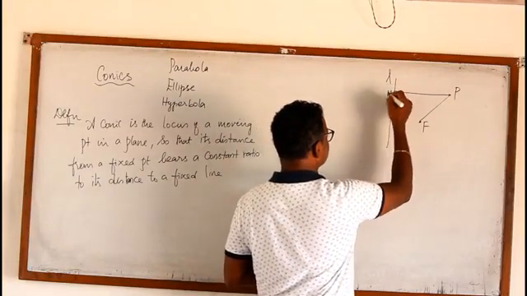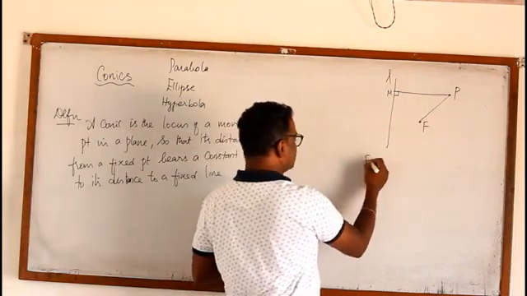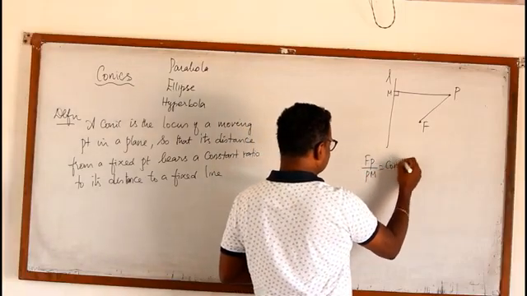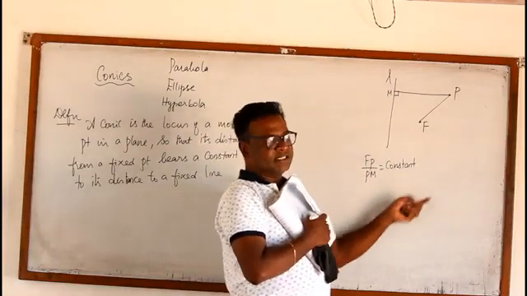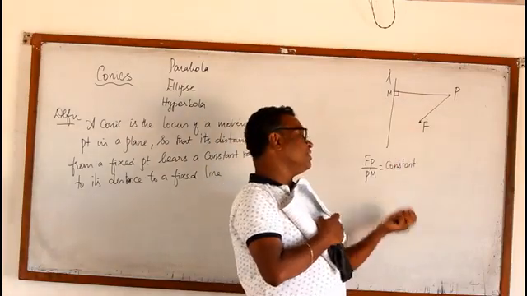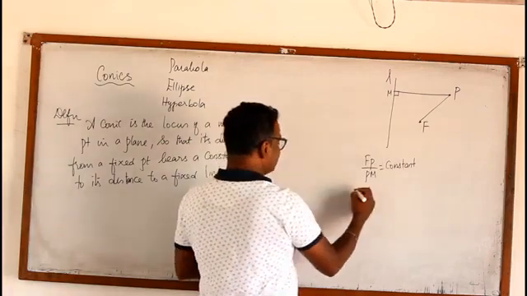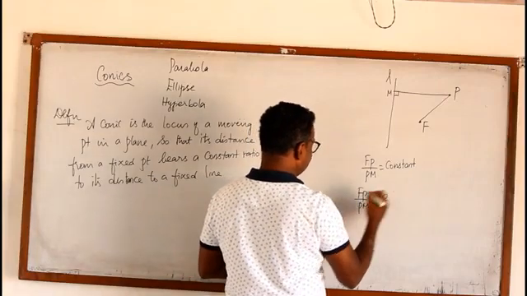The distance to a line is always the perpendicular distance, so PM. Then this ratio FP by PM is a constant. If I allow a point under this condition to move, then the locus is a conic. Normally we write the constant FP by PM as e.